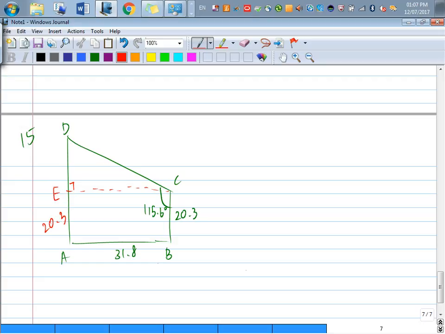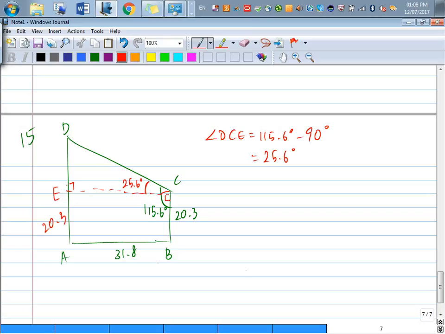What is the angle DCE? Over here, what is this angle? There is a 90 degree over here. Okay, so we get 25.6 degrees. This is 25.6 degrees. Once this is done, is it much easier to find the length of DE?